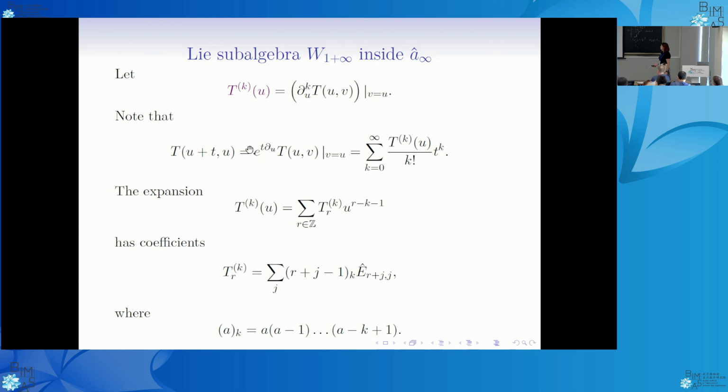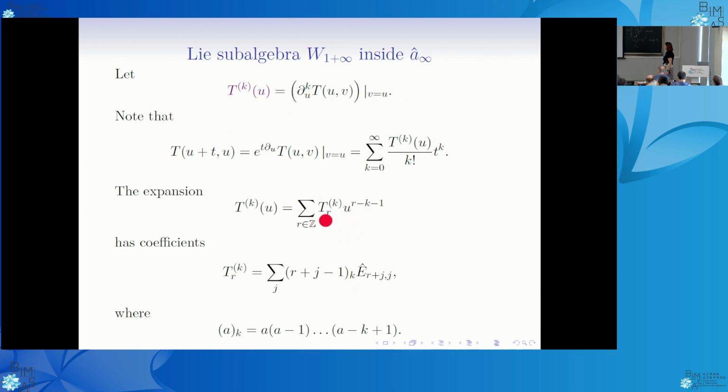And it is not difficult to see that it is going to be coefficients of the Taylor expansion of this function. So it's easy to see that these are coefficients of this expansion. And also, it's easy to write down the coefficients of this formal distribution.